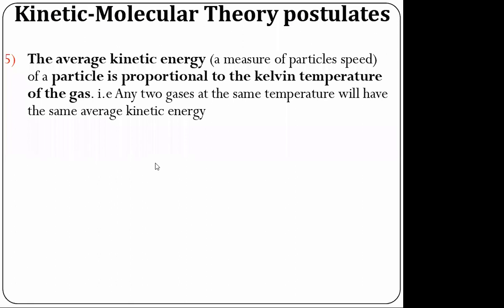So any two gases with the same temperature will therefore have the same average kinetic energy. So when you have oxygen molecules and argon molecules, and the two of them are at the same temperature, they will have the same average kinetic energy.